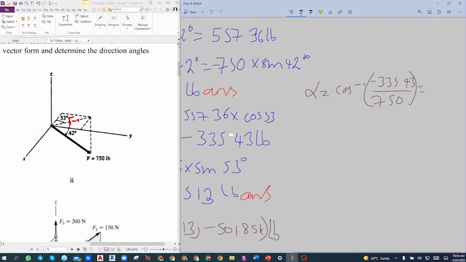That's the magnitude of this force. So we have minus 335.43 divided by 750. That's the force.